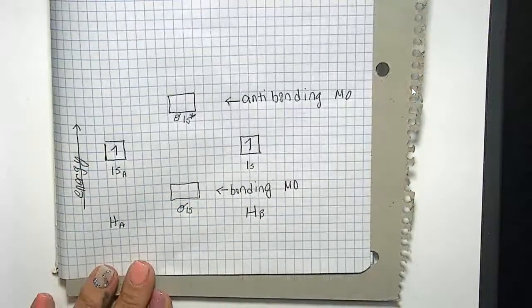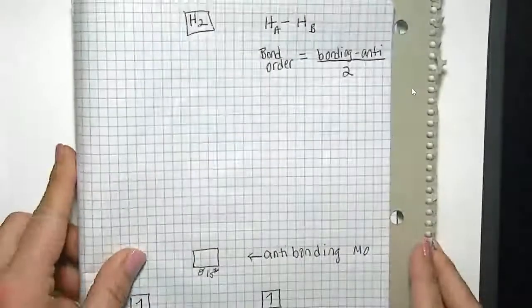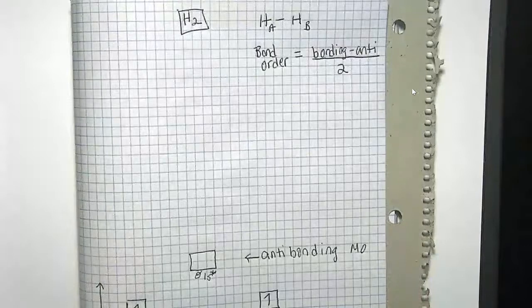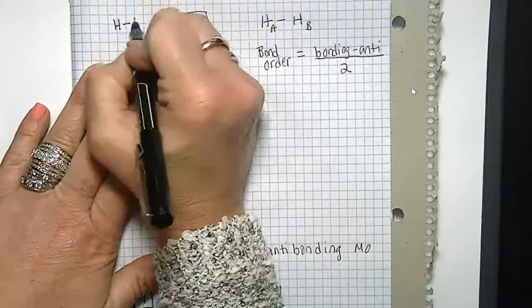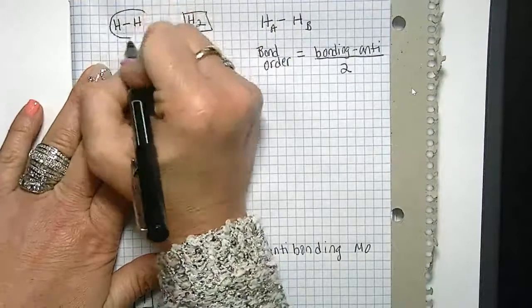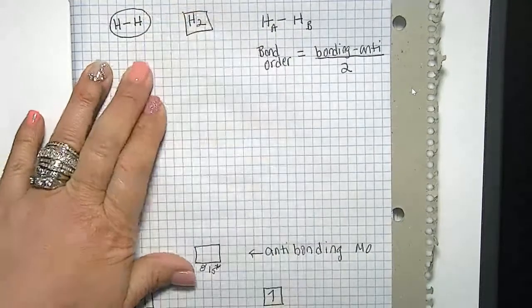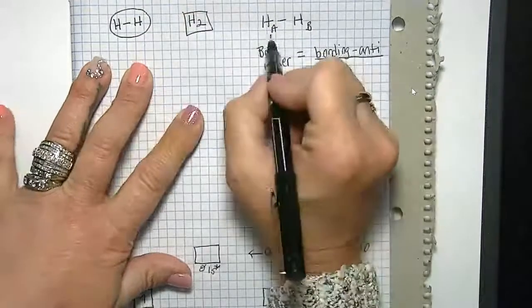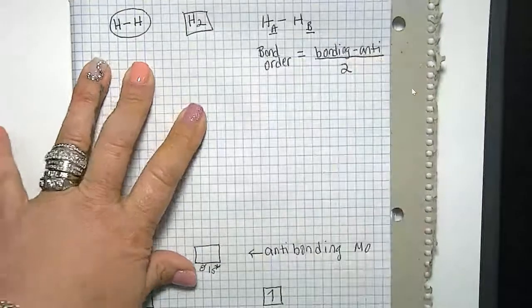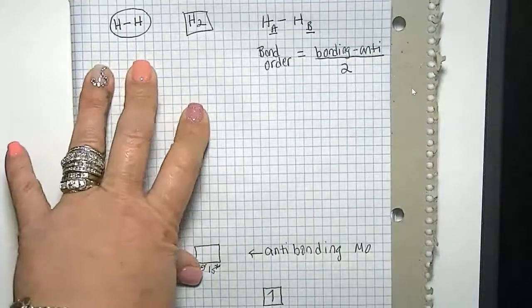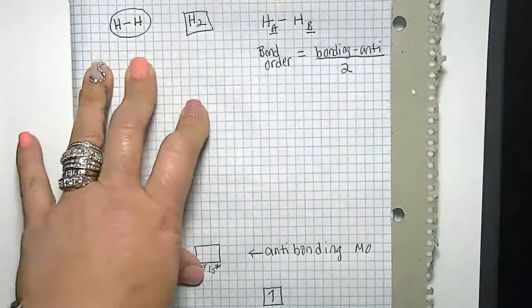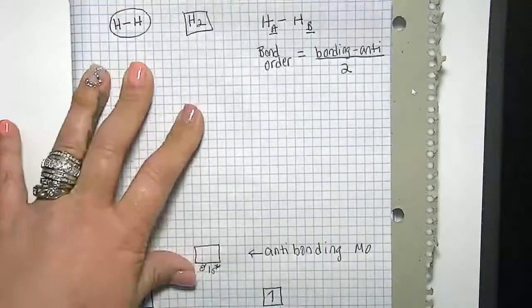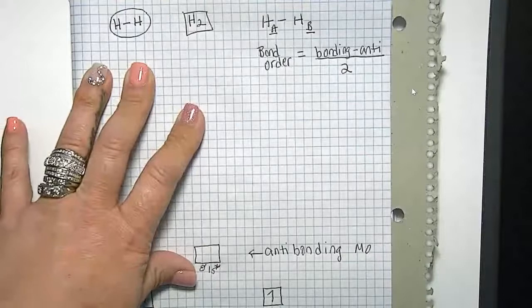All right, so we're going to do H2 first. Now H2 literally is just one hydrogen bonded to another hydrogen. We're going to differentiate which hydrogen we're talking about by using the subscripts A and B. Now if you remember, hydrogen is a diatom, and we're going to be doing a few of the diatoms.